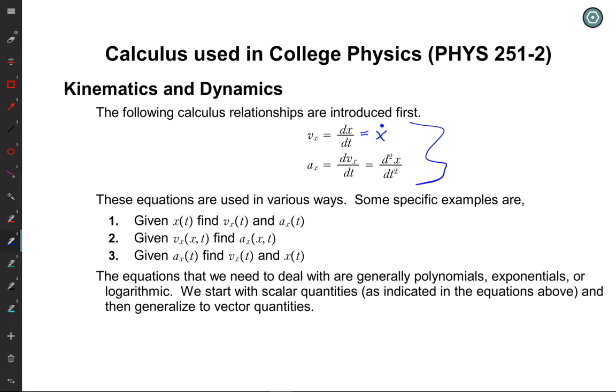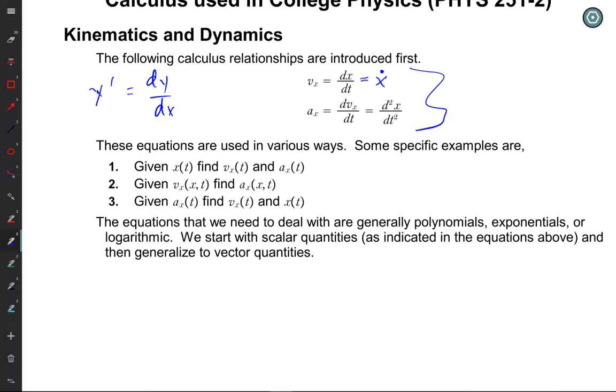Now, what did you use in calculus class as a shorthand? You used a prime. You did something like y prime equals, and what that was dy dx. And we still do that. The prime means it's a derivative with respect to position. So primes we use in physics for positional derivatives. Dots we use in physics for time derivatives.